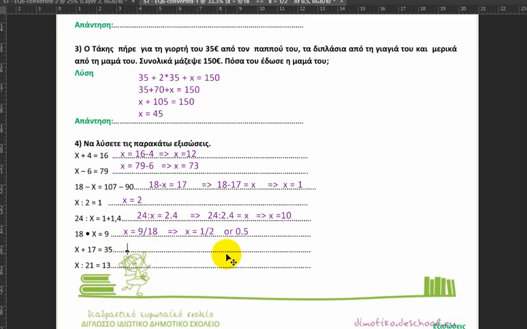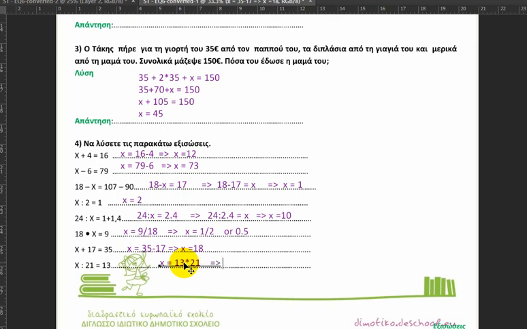Either way, it's acceptable. x plus 17 equals 35 means that x is equal to 35 minus 17, which means that x is equal to 18.